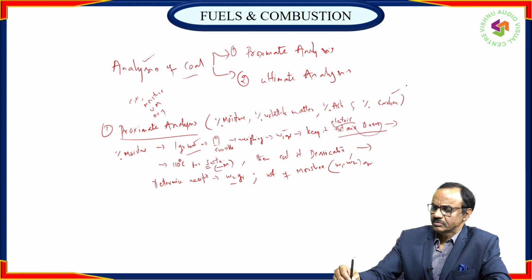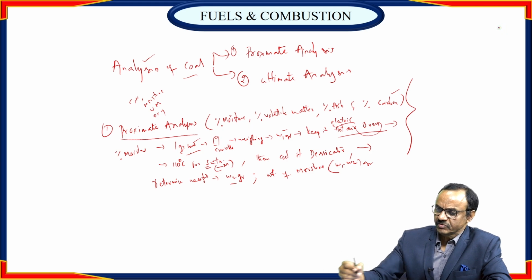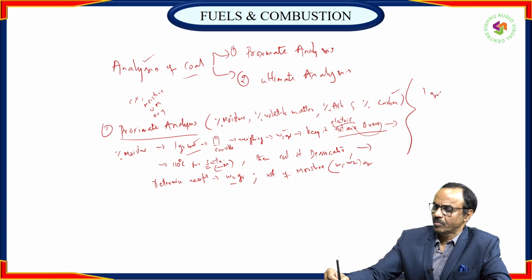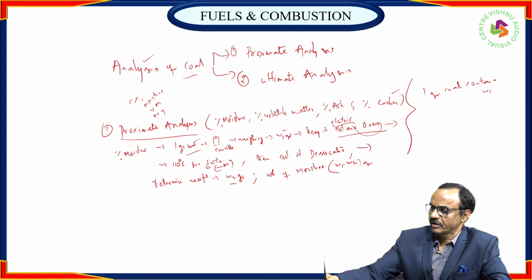Calculate the percentage. The initial weight of coal taken is 1 gram. 1 gram of coal contains how much moisture? W1 minus W2 grams. So 100 contains how much?